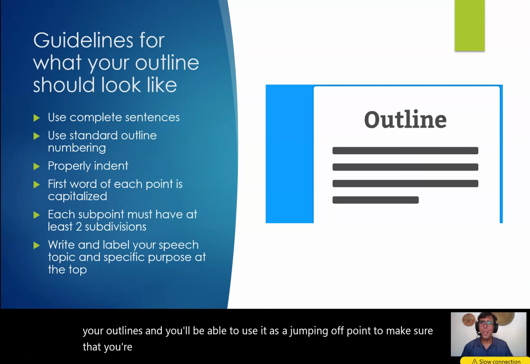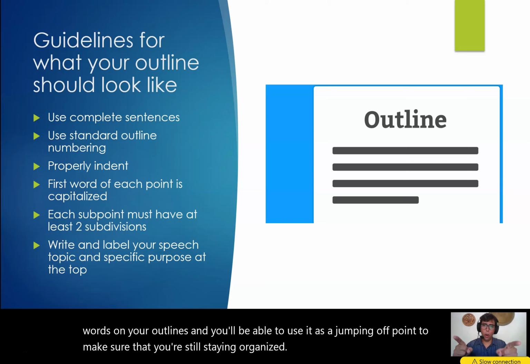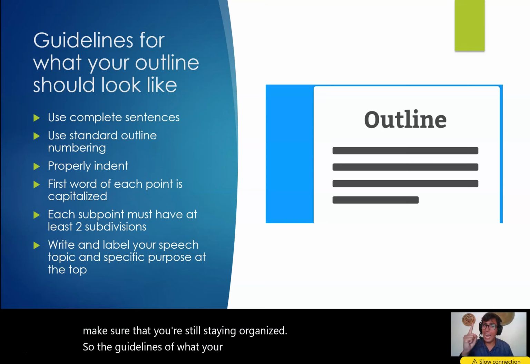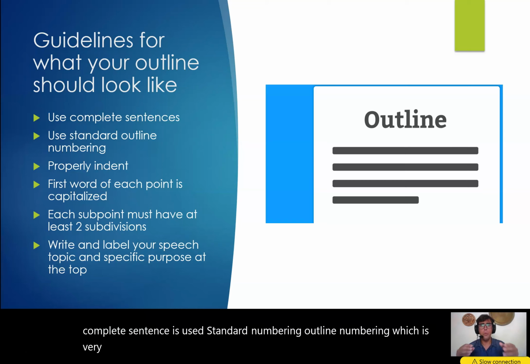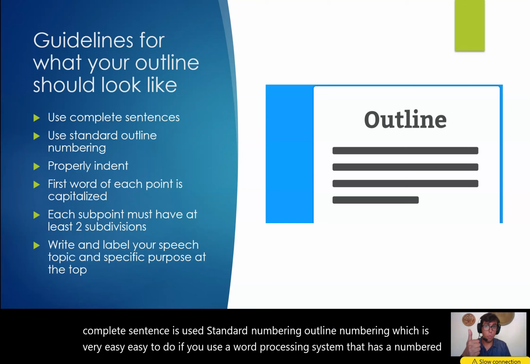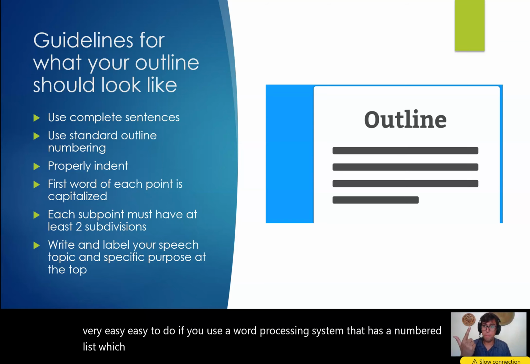So the guidelines of what your outline should look like: you will have full, complete sentences. Use standard outline numbering, which is very easy to do if you use a word processing system that has a numbered list, which Microsoft Word and Google Drive do.